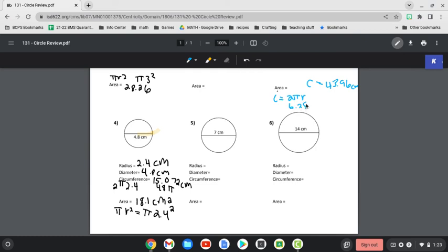So 6.28 times my radius will get me my circumference. Well, I know my circumference, it was given to me, is 43.96. So I need to get r by itself. I need to do inverse operations to get r by itself. What is the opposite of multiplying by 6.28? Dividing by 6.28. So we're going to divide by 6.28.